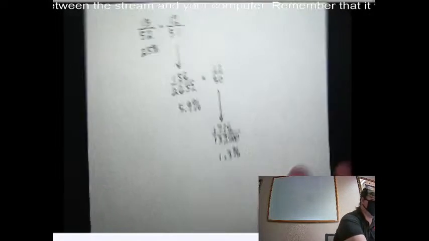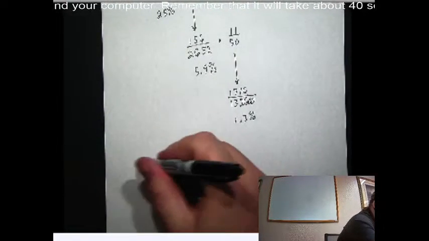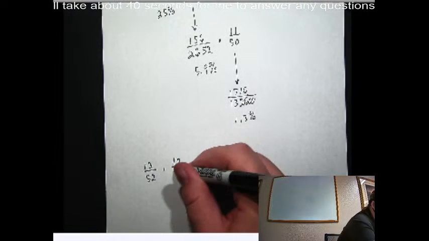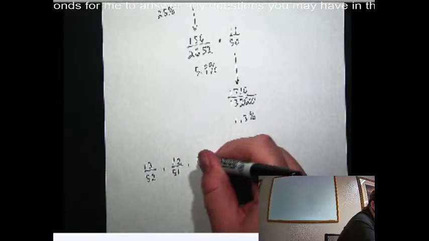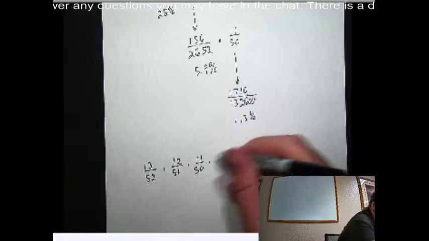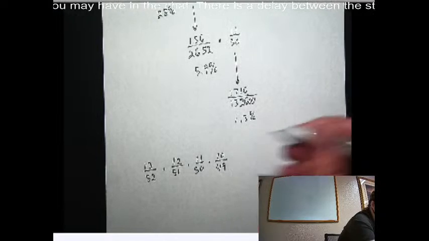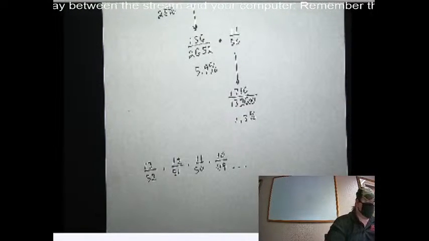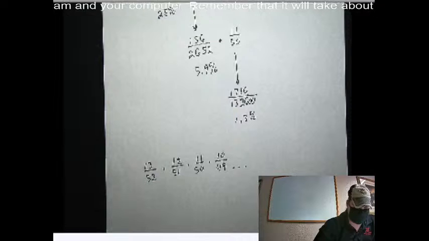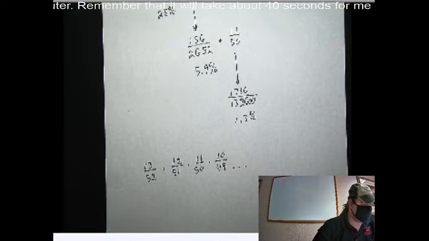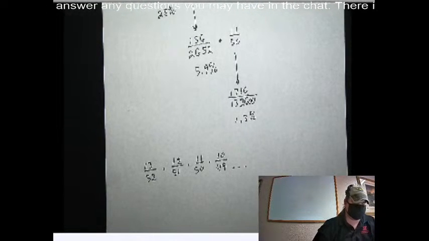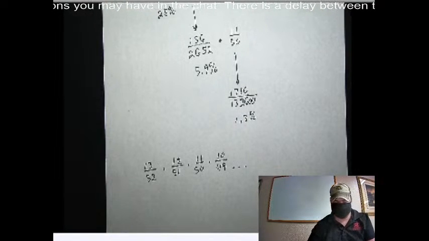Okay? Essentially what this looks like as a series is I start out with 13 out of 52, and then 12 out of 51, then 11 out of 50, 10 out of 49, and so on and so forth, until we get to, I believe it's 1 out of 39, let me check, 52 minus 13, hold on.